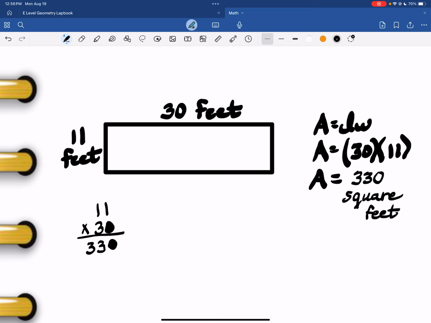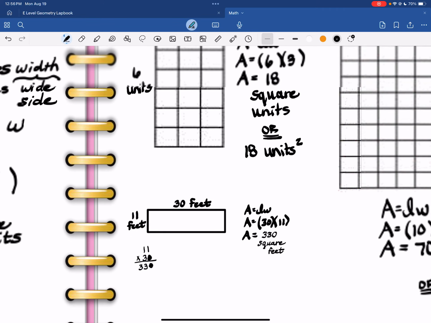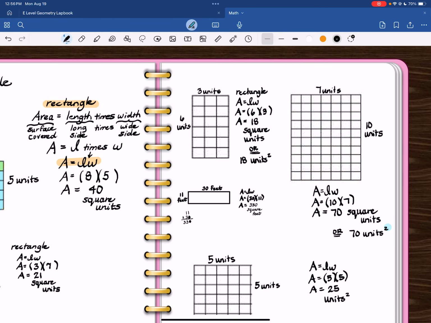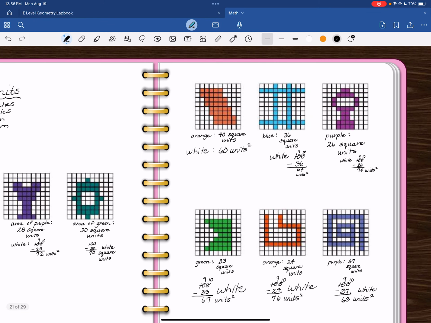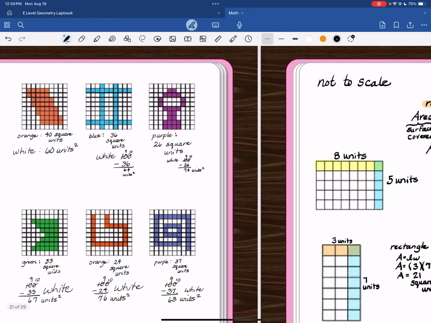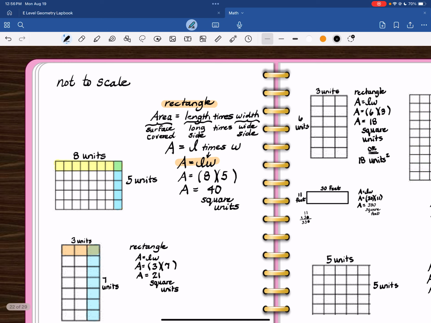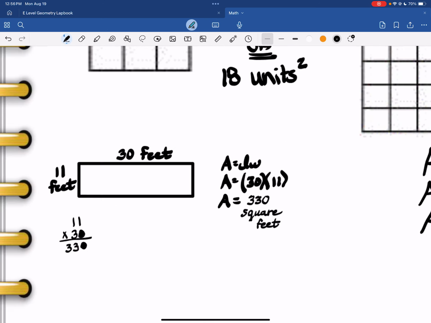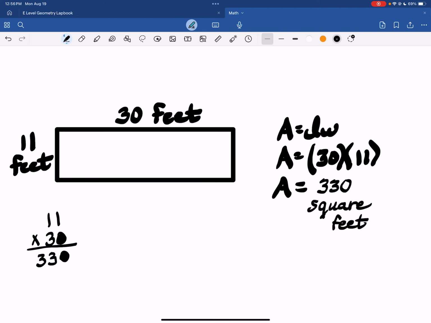So on a test, if you can't see the little boxes, you can still use this formula to get your answer. So we started by counting boxes, and then we learned how to count boxes to get a formula. And now you're doing problems where you don't even see the little boxes. You're just going with the numbers that you were given.